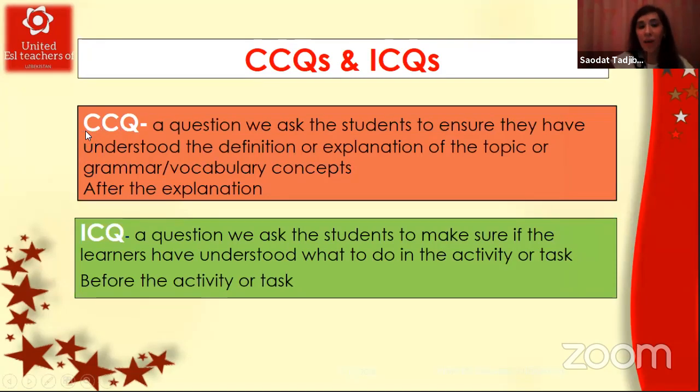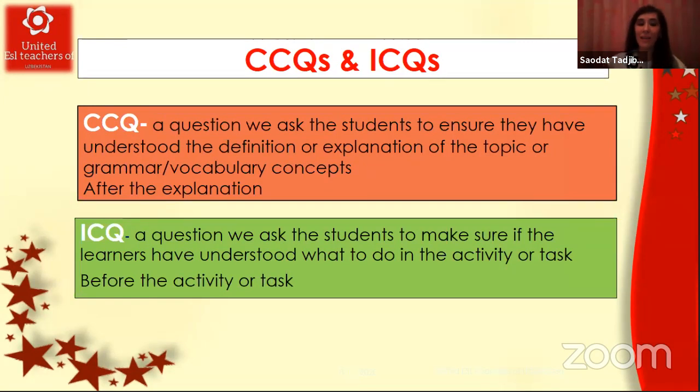So concept checking questions are the questions to identify how well your students understood the input of the session, which is based mostly on grammar and vocabulary concepts.